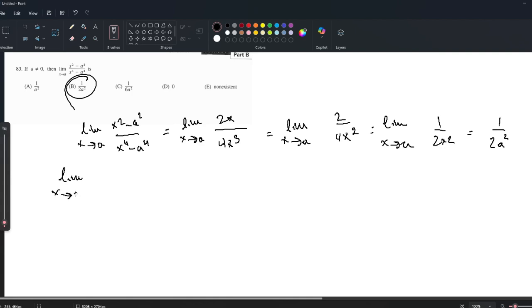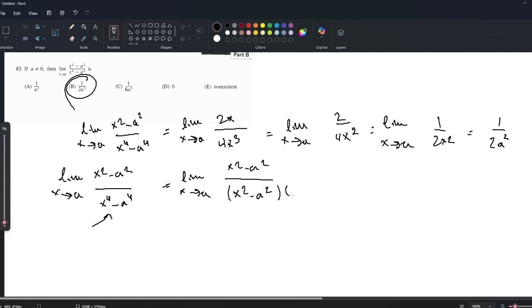Alternatively, you can do it this way. If you recognize that the bottom, we can factor out the bottom as a difference of squares, and you can absolutely do that. It would be x squared minus a squared over x squared minus a squared times x squared plus a squared.